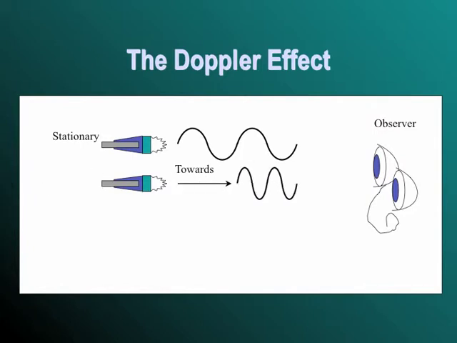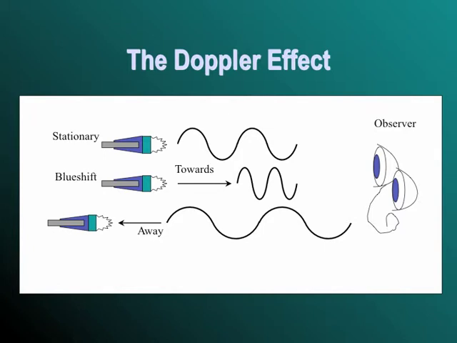You can think of the object moving towards you as squishing the wavelengths to become shorter and closer together. This is a blue shift because blue light has shorter wavelengths, higher frequency.